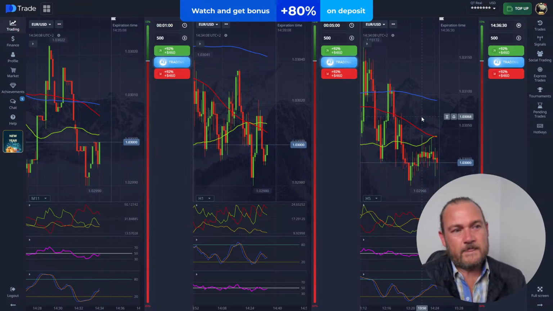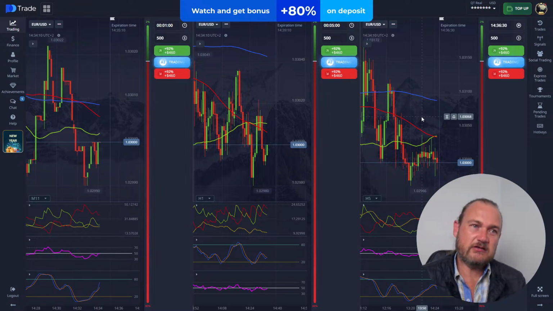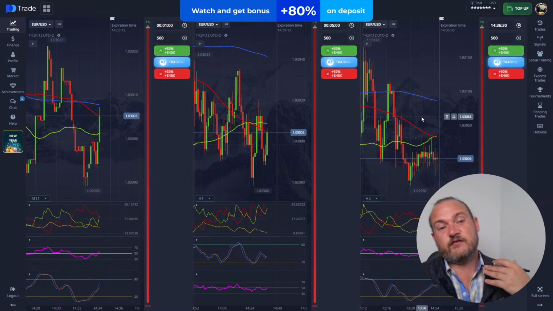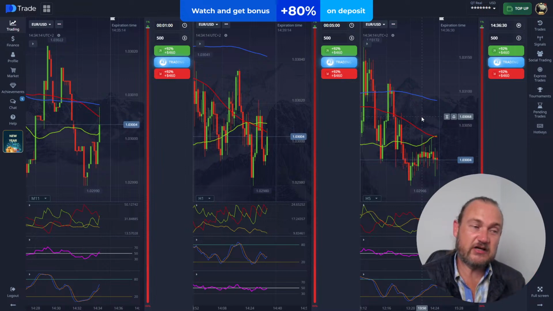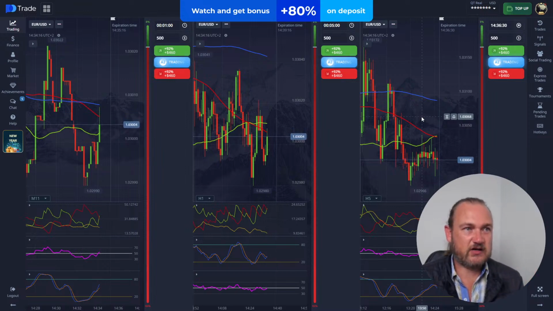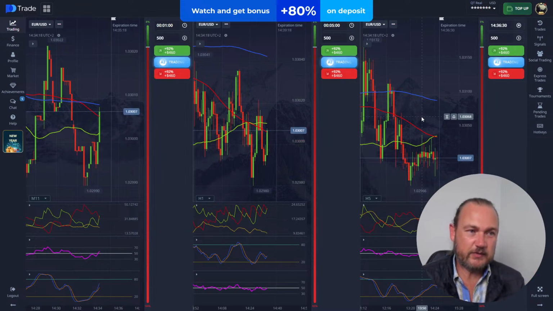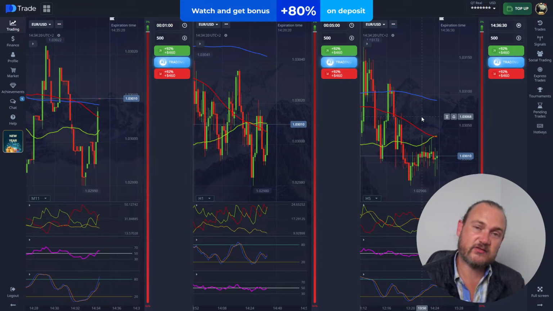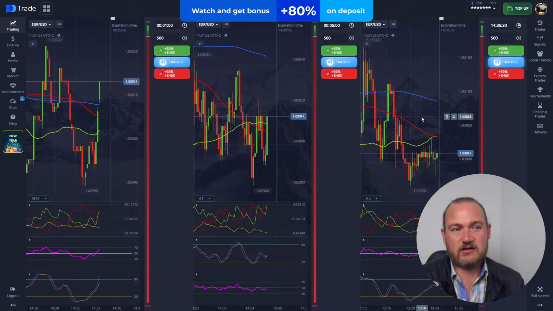But going with the trend, if the 5 minute is moving strongly in a downwards direction, you will have a higher likelihood of winning your trade if you take sell trades on the 1 minute, because it's in the same direction as the bigger trend.